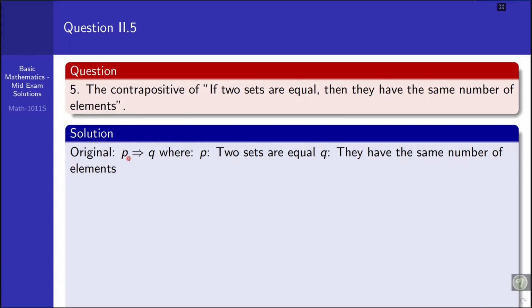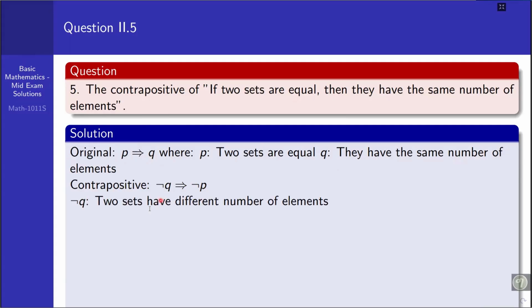That is, the contrapositive is negation of Q implies negation of P. The negation of Q, they have the same number of elements, is two sets have different number of elements.